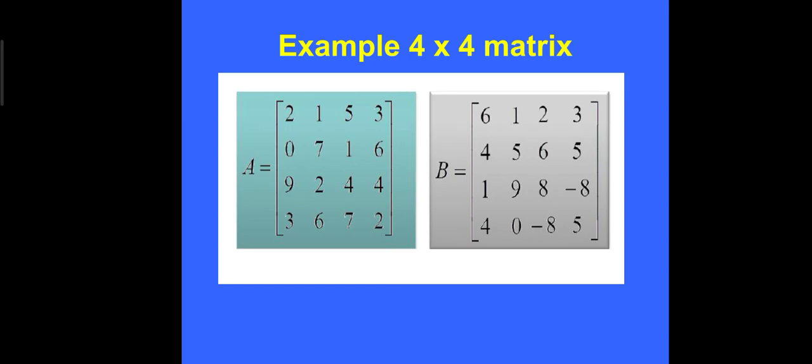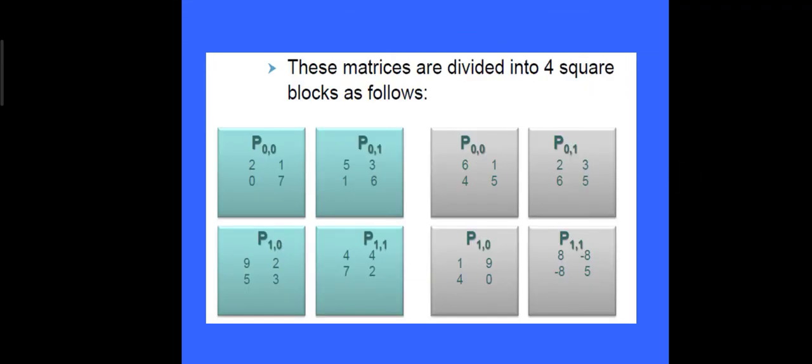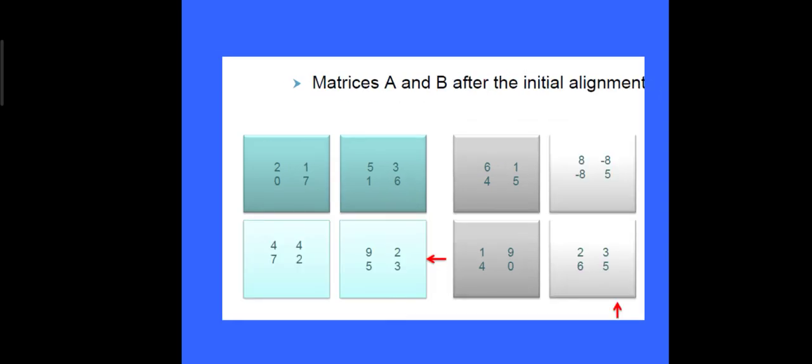Say, for example, let us take a 4 cross 4 matrix which is divided into 4 square blocks, that is P00, P01, P10, P11, whose initial elements are like this: 2107 and then 47272.